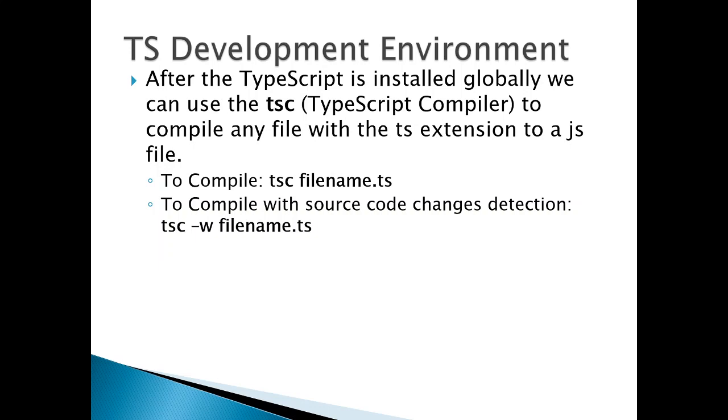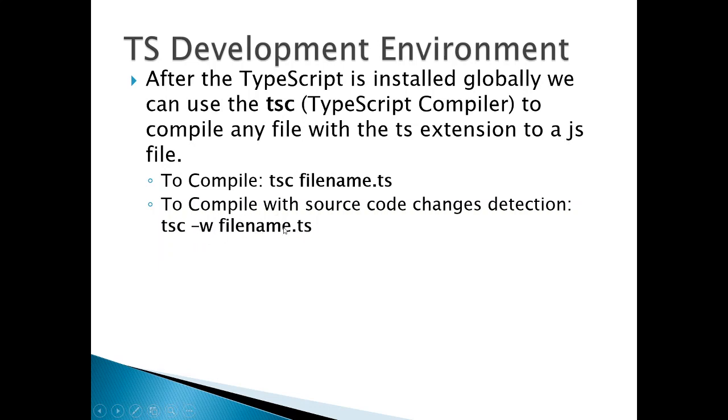So after TypeScript is installed globally, we can use tsc to compile any file with the .ts extension into a JS file. To transpile, tsc the file name. If we want to change the code and see live changes in our JS file, we will write tsc space -w file name.ts.